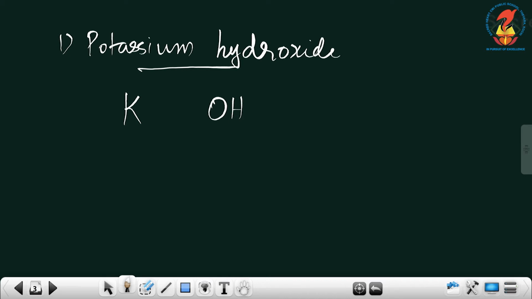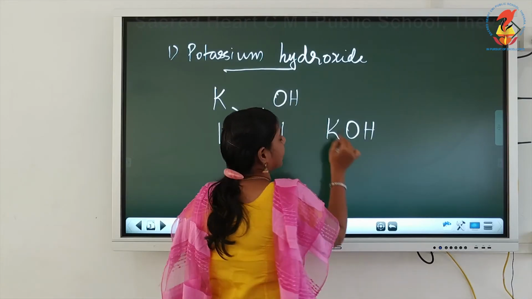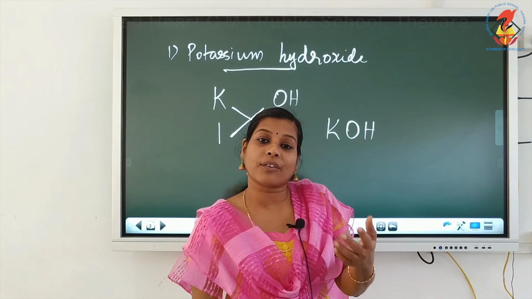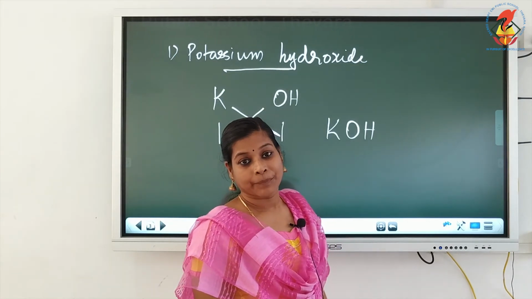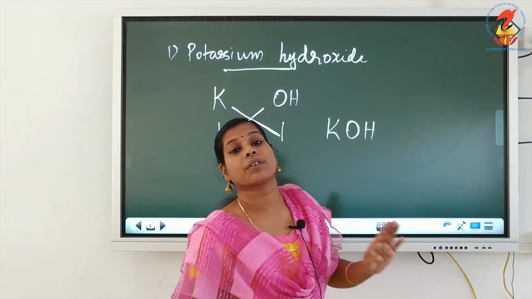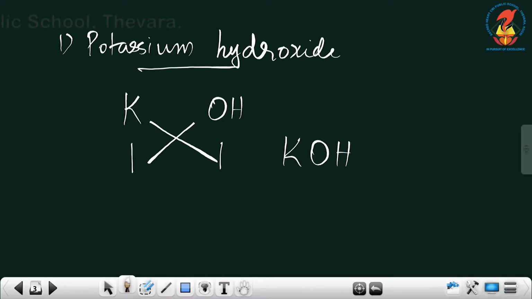And you have to write the valency. Potassium is 1 and OH is again 1, crossing over. We will get KOH. As OH is there and its valency is only 1, we will not write it in the bracket. That is the third rule. If it is more than 1, we should represent the ion inside the bracket. That we will see.